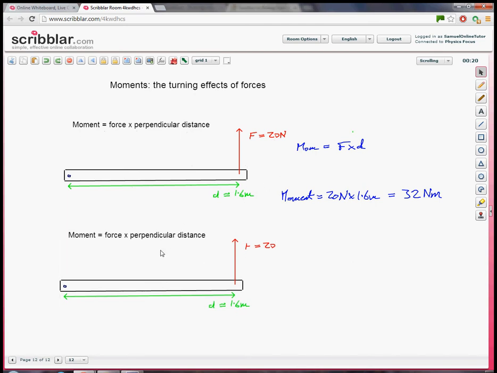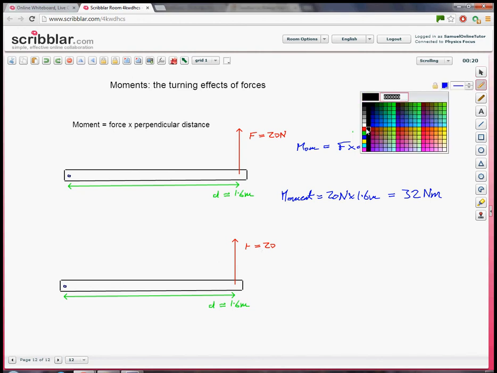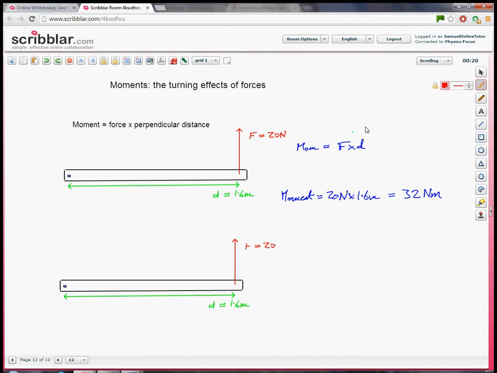Right. Now let's imagine that instead of pulling straight out, I'm actually going to apply that force at an angle.